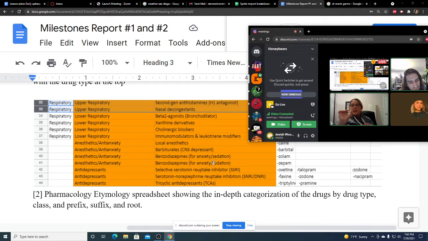The only thing we're changing, and this is where Gabby and I were confused. I was confused, and Gabby was like, "Oh no, we're keeping prefix, suffix, root." I jumped right to full generic. That's not what we're doing.